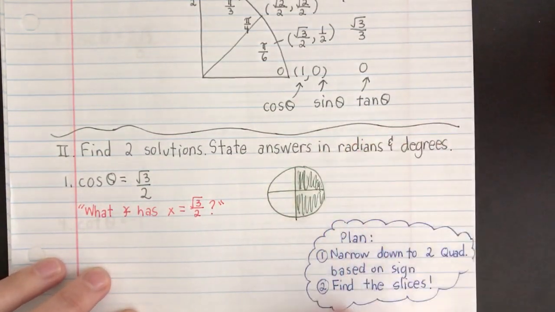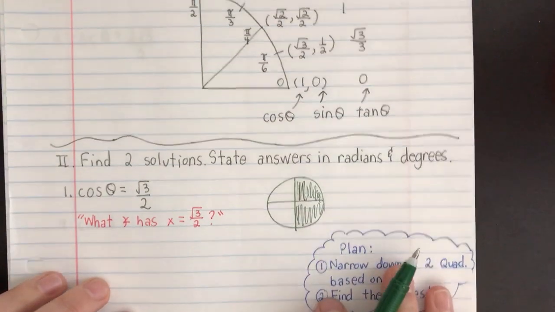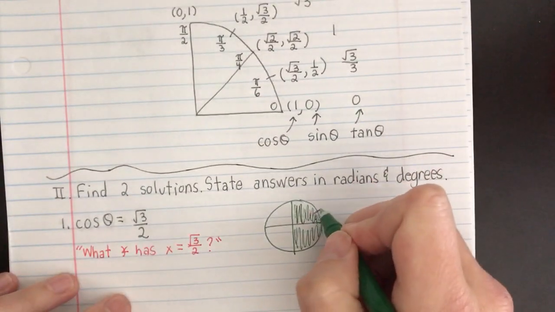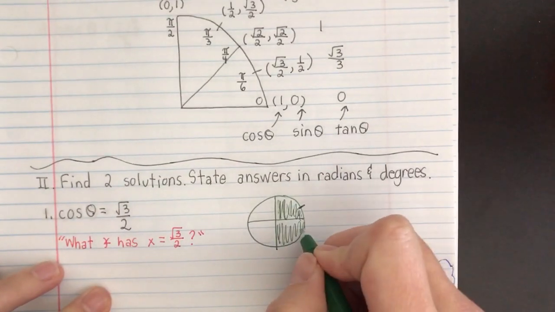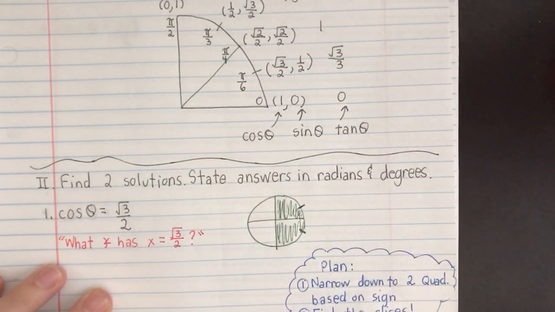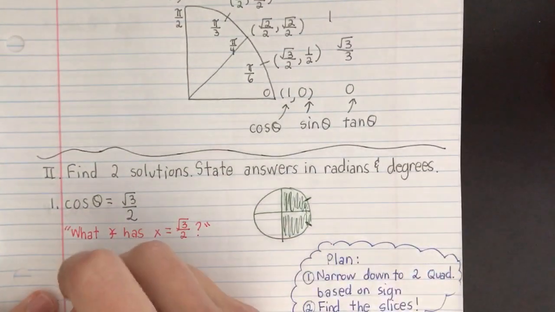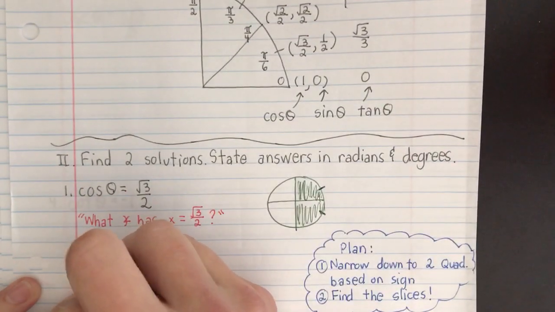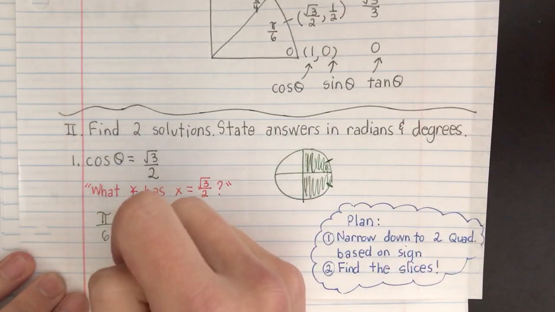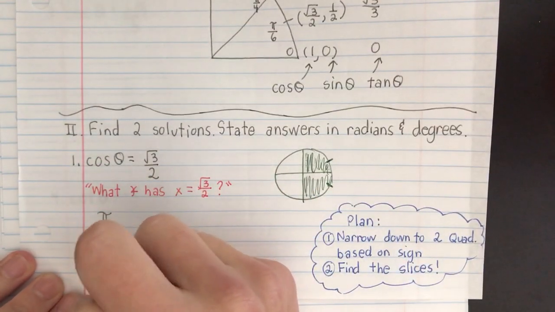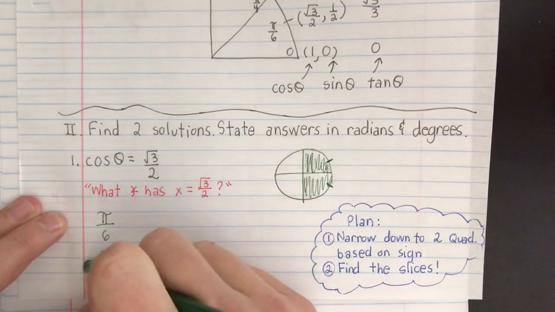I don't have any x values that are positive over here. So furthermore, if you're thinking x is square root of 3 over 2, of course that's going to be your pi over 6, but also your 11 pi over 6. So you're going to say pi over 6 or 11 pi over 6.